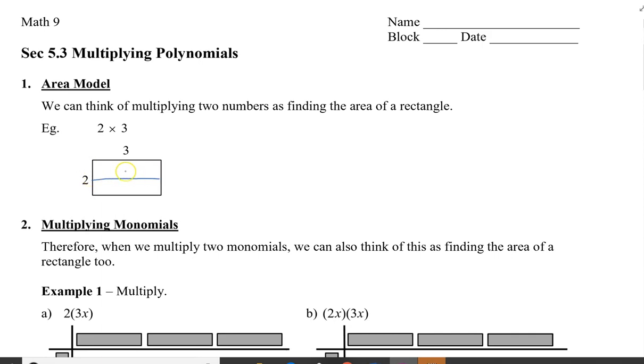We have 2 units on the left and 3 units on the top. When we count the little individual rectangles inside, we can see that we have 6. So 2 times 3 is equal to 6. We can apply this analogy of multiplying numbers to also multiplying monomials.